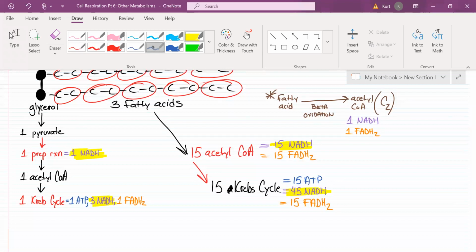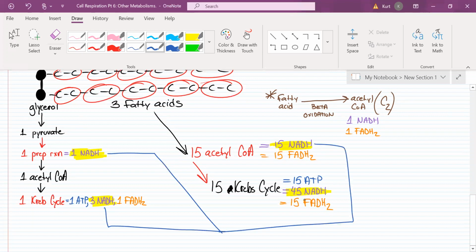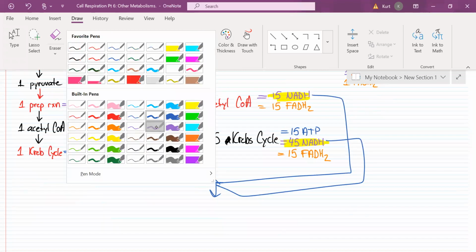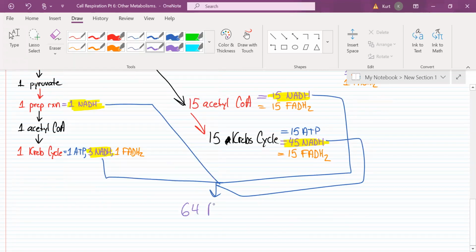So all of these, we're going to have 64 ATPs. This is all in the electron transport chain, by the way.